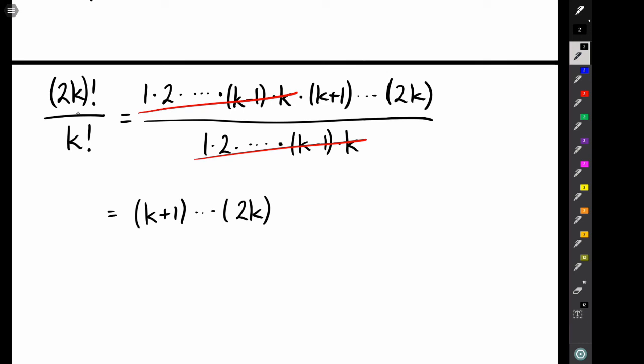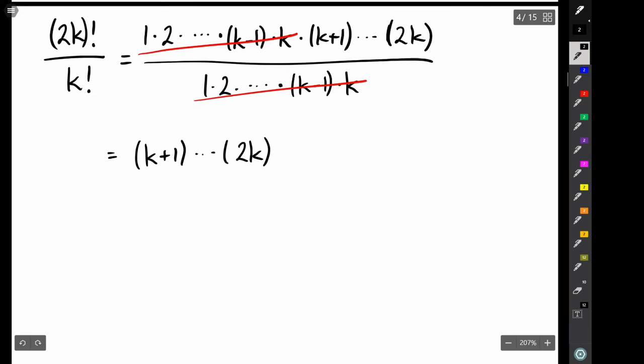So we say, everything up to k in this product, get rid of it, and then just take the leftovers. One interesting thing I want to point out is how these numbers grow.